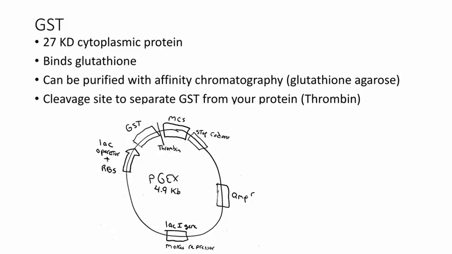So it is possible to express GST SH2, use thrombin to cleave it apart, and separate out just the SH2 protein and purify it.